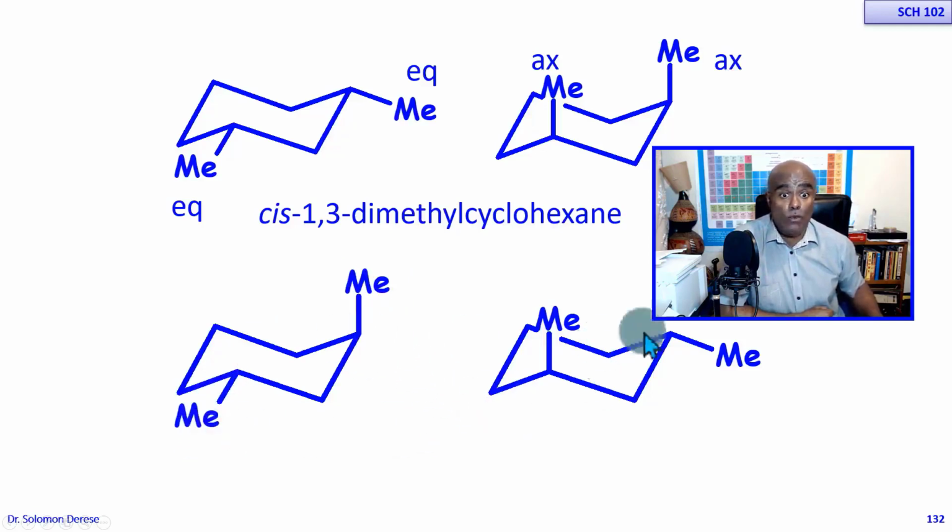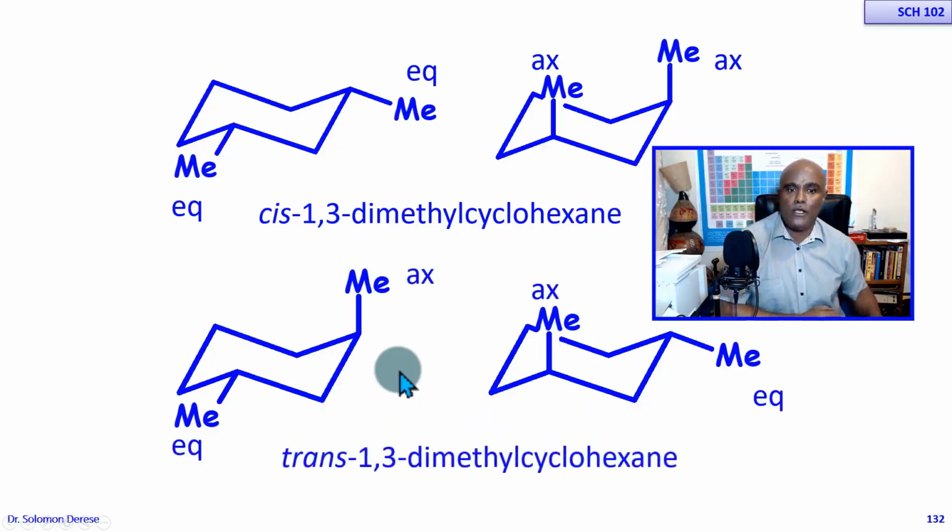In here, when the ring flipped, this one that was axial became equatorial, and this one that was equatorial became axial. This one is facing up, this one is facing down, in opposite directions of the ring. The same here: this one is facing up, while this one is facing down, in opposite directions of the ring. As a result, both of them are trans-1,3-dimethylcyclohexane.